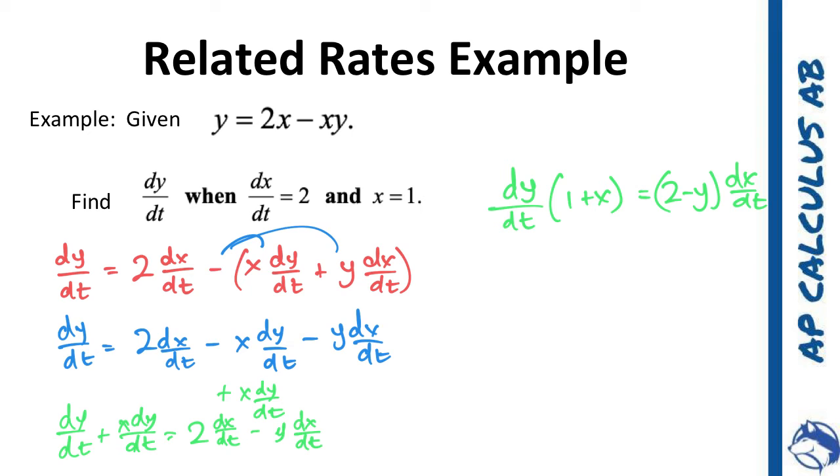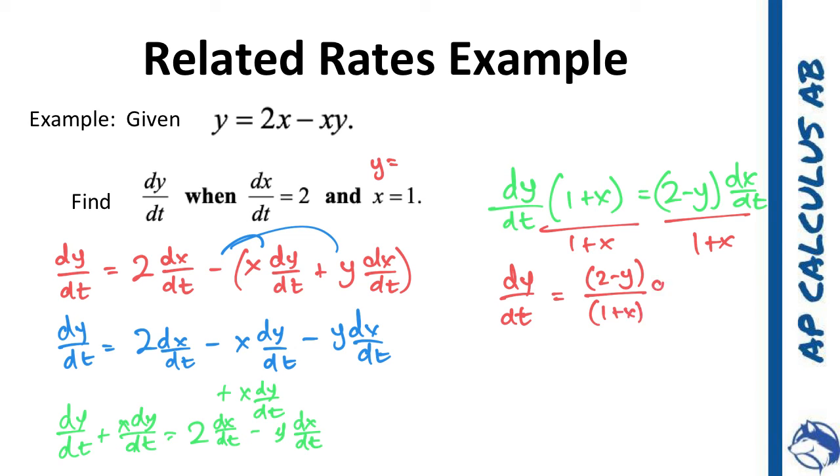One of the things that might be helpful when I get going to this is solving for what y equals. And so when I divide by that 1 plus x, I get this part alone. So I get something that looks like this.